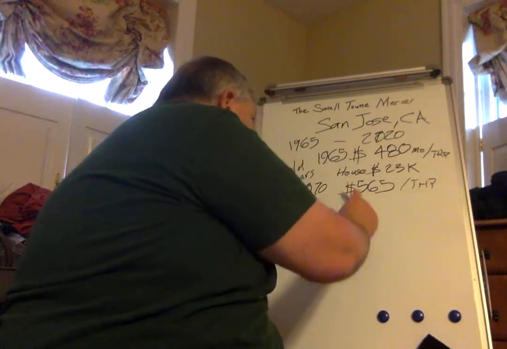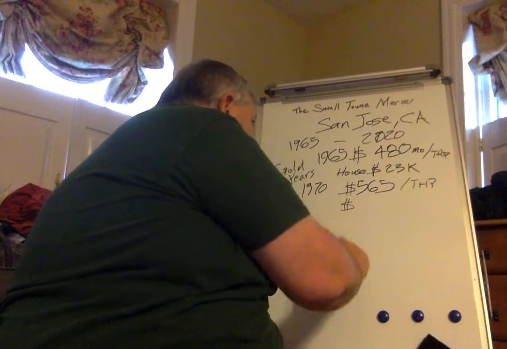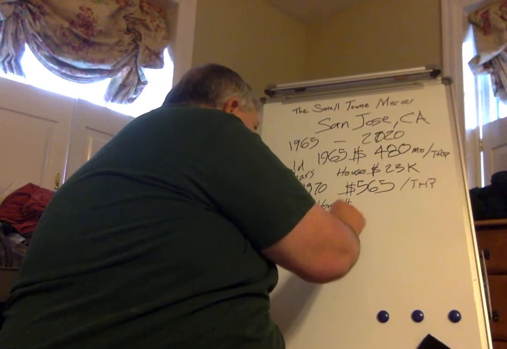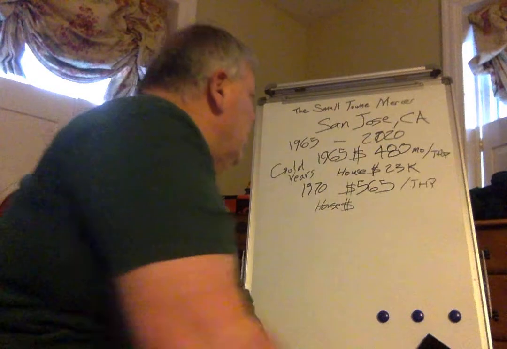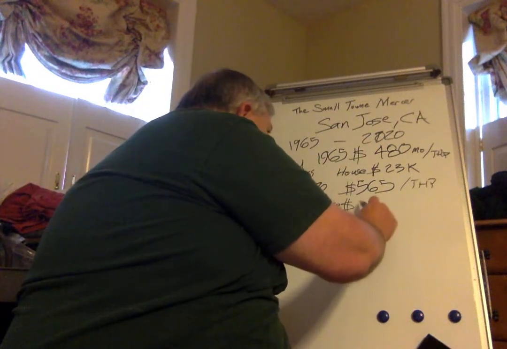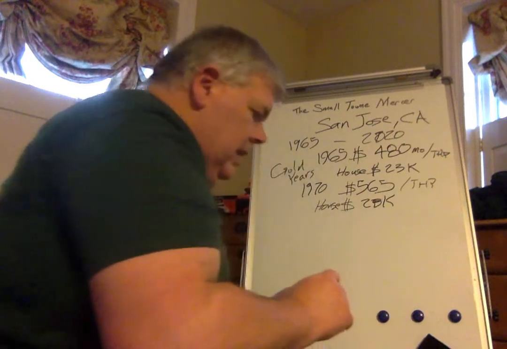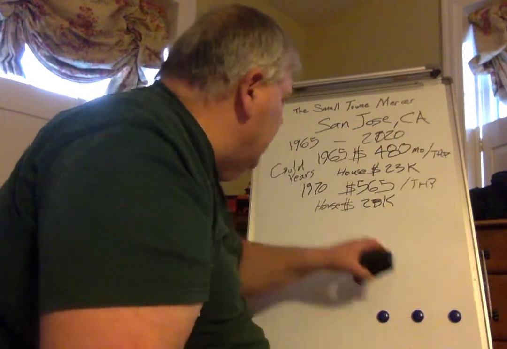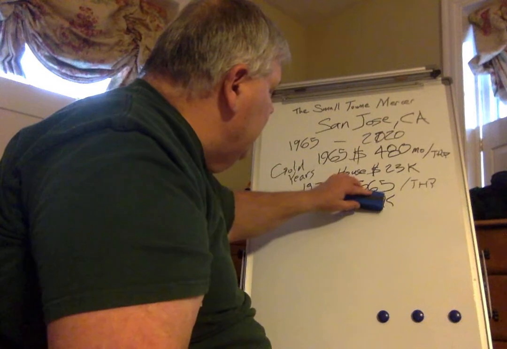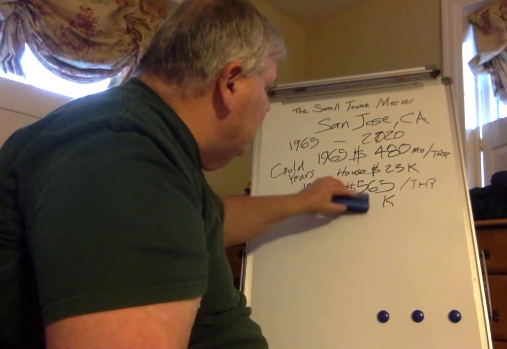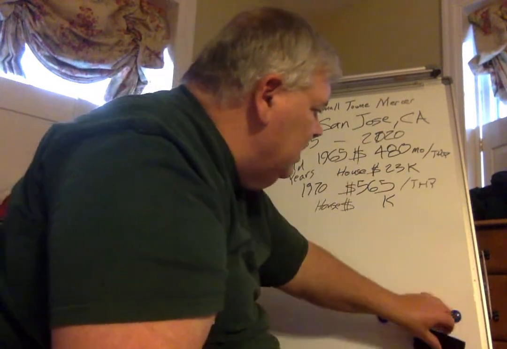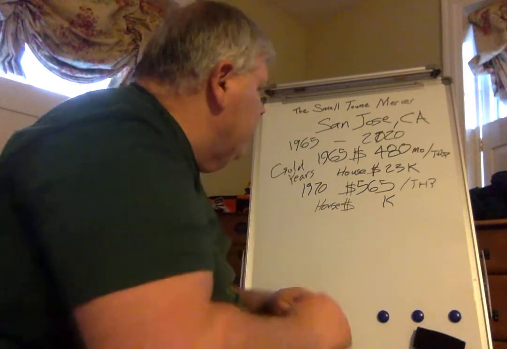And 1970, the house costs somewhere around $28,000. Okay. In 1960, my parents paid about $20,000 for their house. In 1965, their house was a little bit under 23.